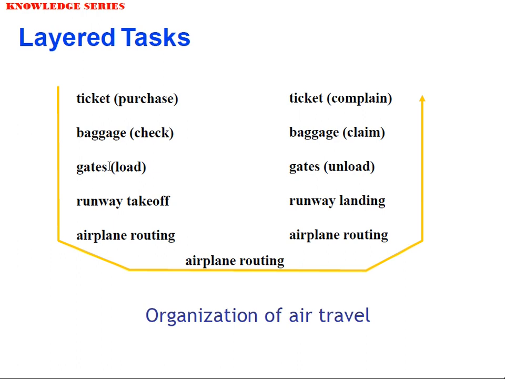So this layered task structure has many advantages. The basic advantage is that when you do layering, it tries to resolve a complex task by breaking it into smaller tasks. If you want to perform all these tasks at one point, what is going to happen?